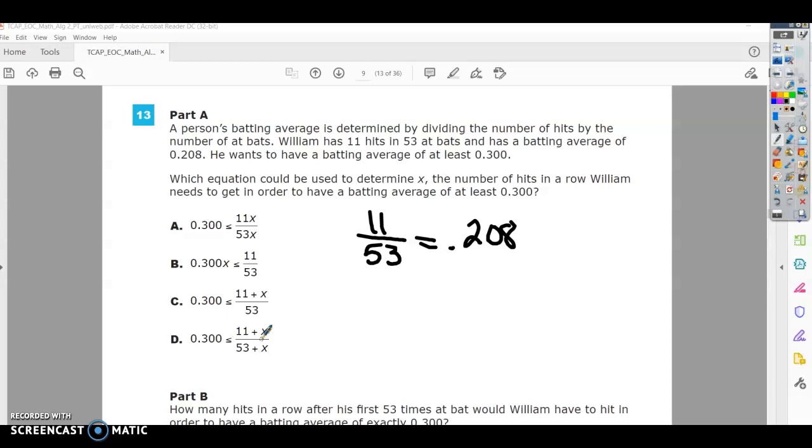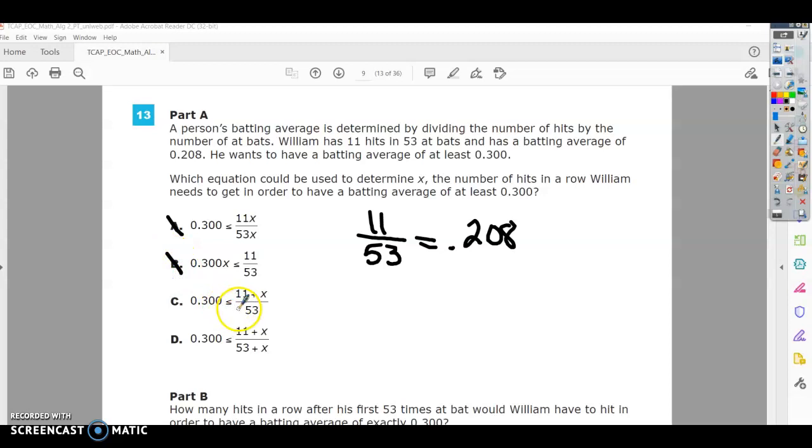All right, so if you look at the first one, it says 11 times X. So that's 11 times the number of times he hits, so that one doesn't make sense at all. This one is putting the X times the batting average, so this one doesn't make sense either because it's not changing the number of times he hits.